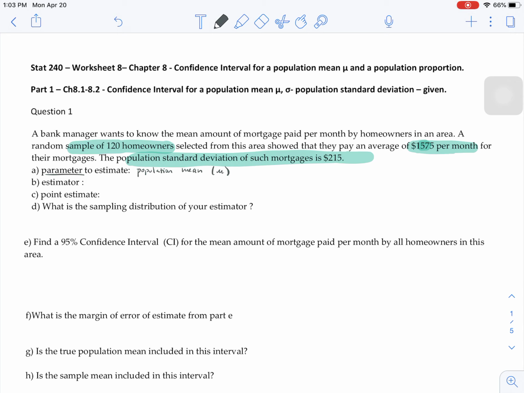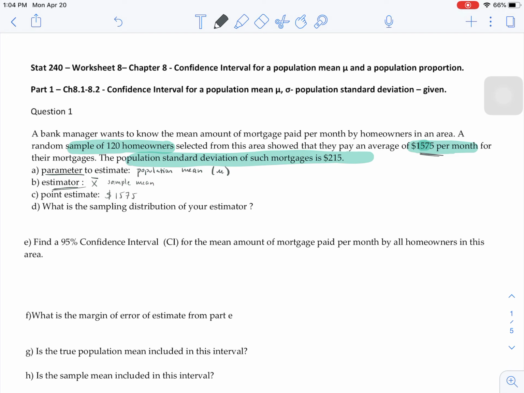Our estimator, the thing that we're going to use to estimate the population mean, is our sample mean. And our point estimate, the value of our estimator that we have, our sample mean, is 1575.